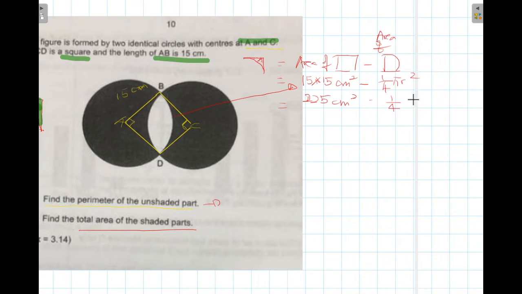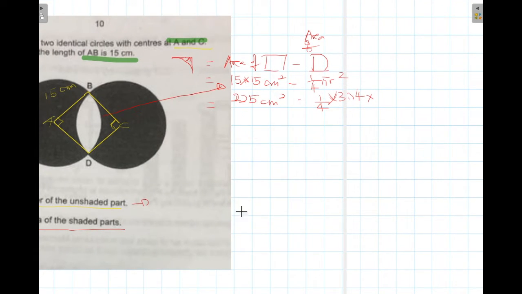Pi will be 3.14 here, then times 15 times 15, correct? So over here will be 225 centimeter squared minus 176.62 centimeter squared. You can do your working nicer.